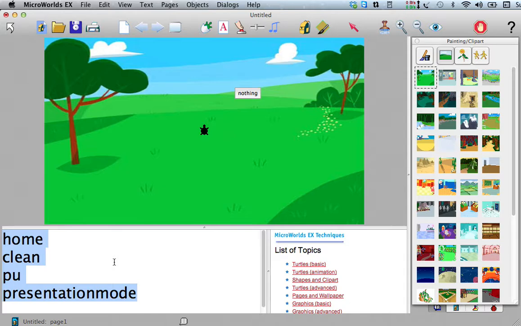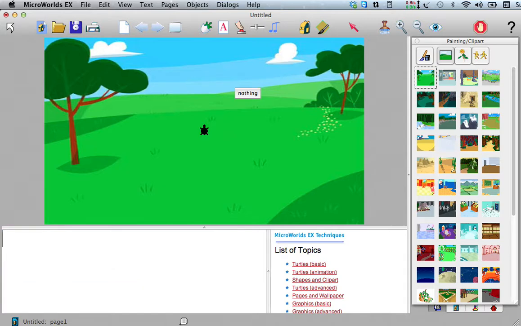There are reporters that need 0 inputs. I could say show xcore. I could say forward size. Size doesn't need any inputs.